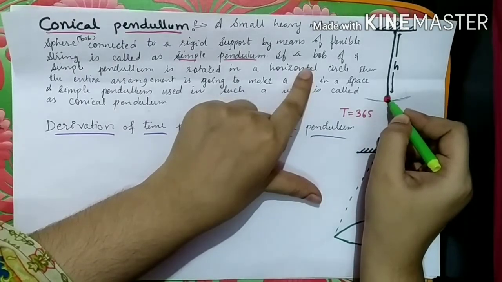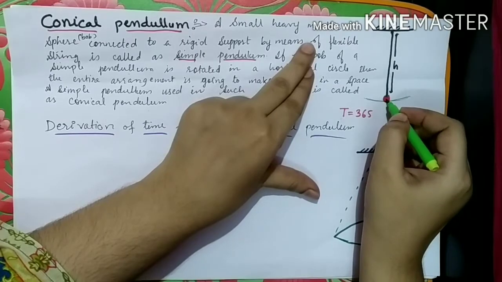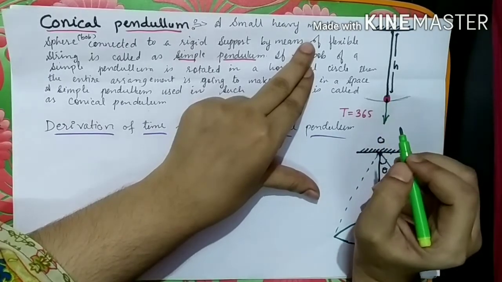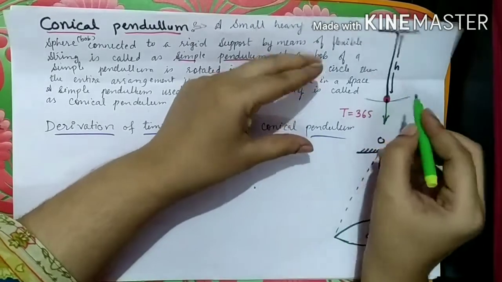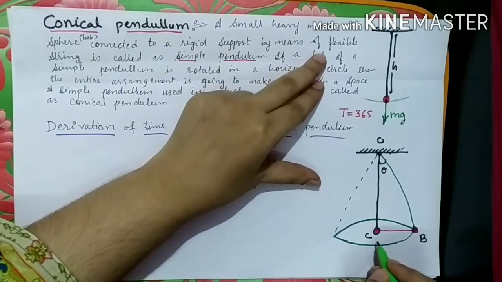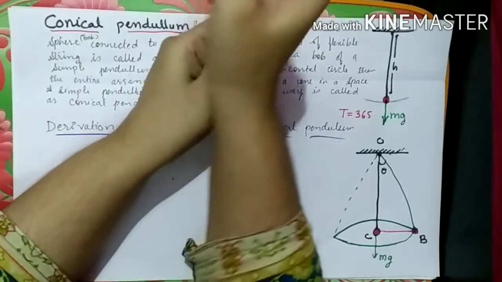I will say that the bob will be simple, very simple force is a force of gravity acting in a vertically downward direction. So I will write it as mg. If you want to draw it in this diagram, you can draw it. Mg is acting in the vertically downward direction.